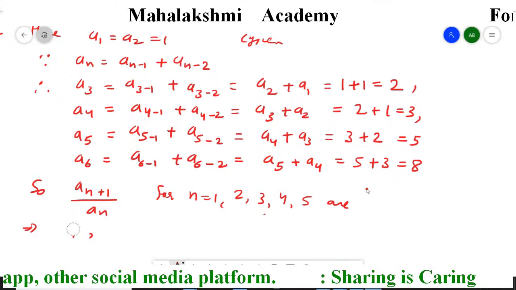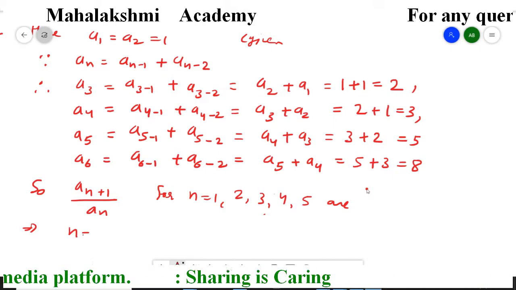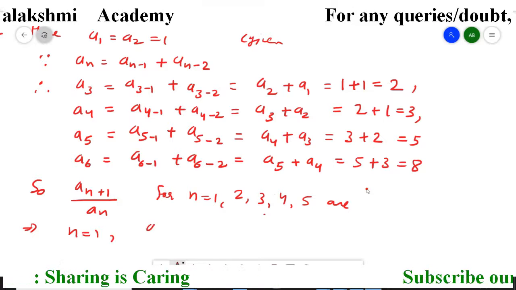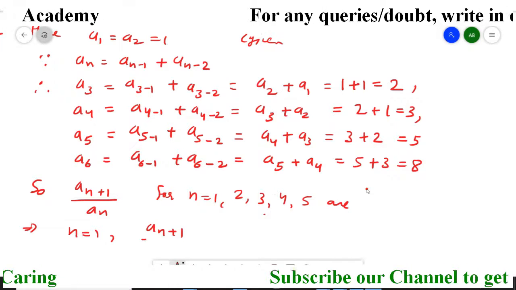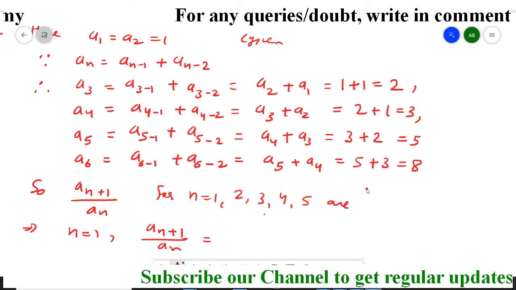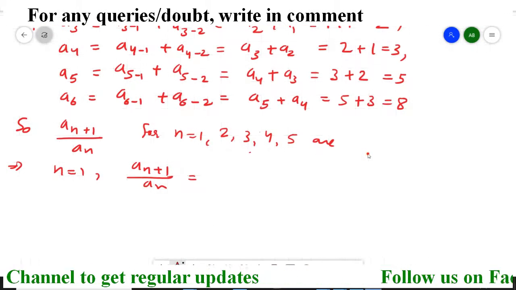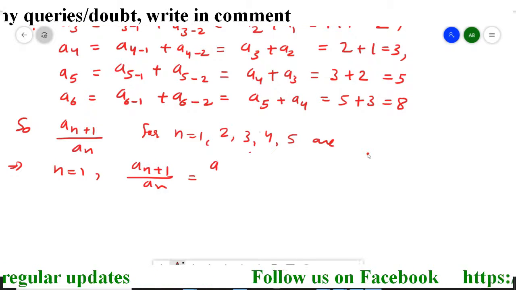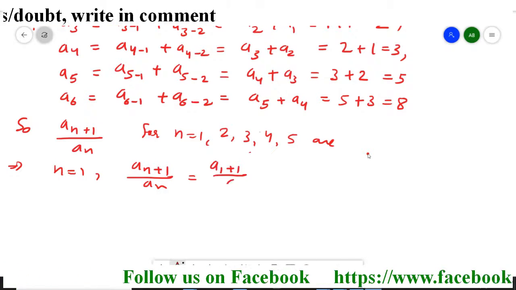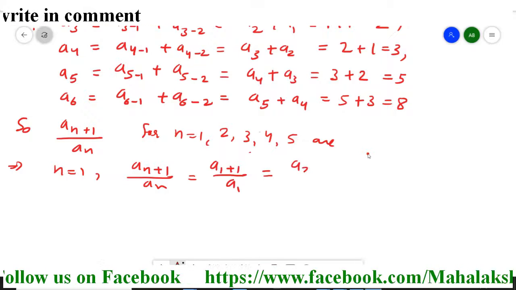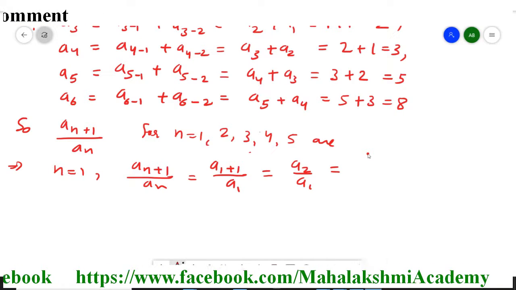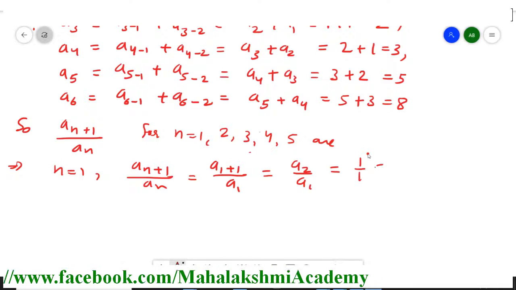For n equal to 1 we'll get here a_{n+1} upon a_n is equal to a_{1+1} upon a1, that is a2 upon a1, and both are 1 as given in the question. So 1 upon 1 is 1.